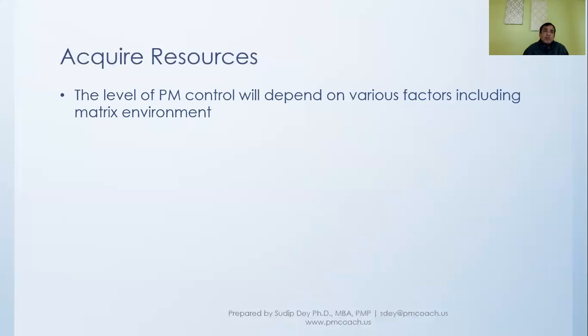For example, as we talked about earlier, in a functional organization, it is the functional manager who has the authority, and we will have to get resources through the functional manager. We, as a project manager, will probably not have the direct authority. Having said that, if it is a projectized organization, then probably we will have the authority to acquire resources directly. We don't have to necessarily go through the functional manager.